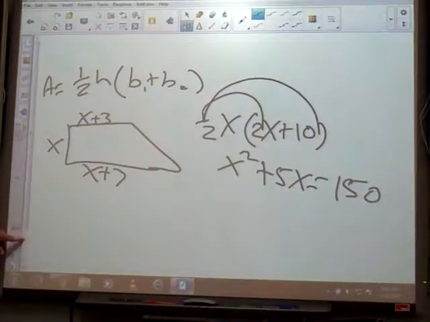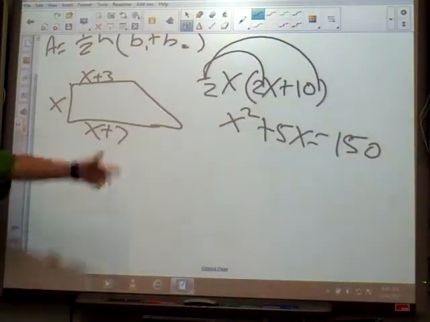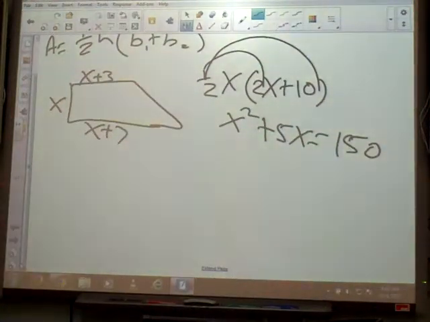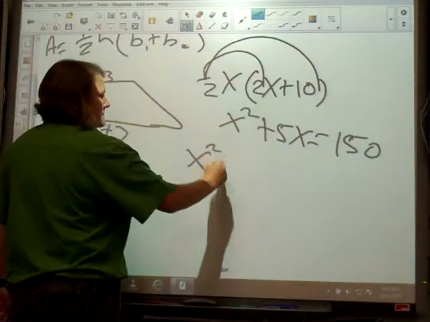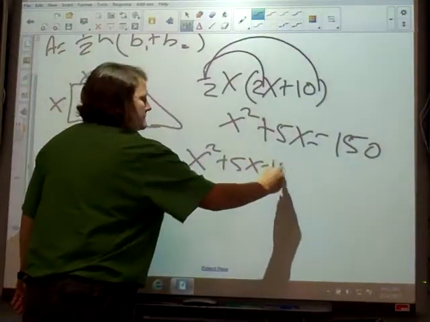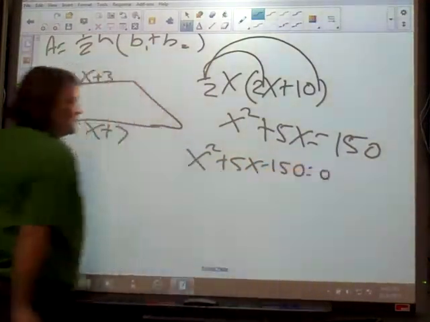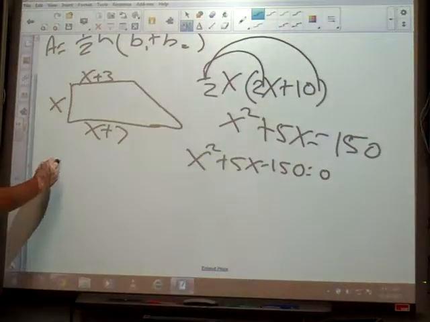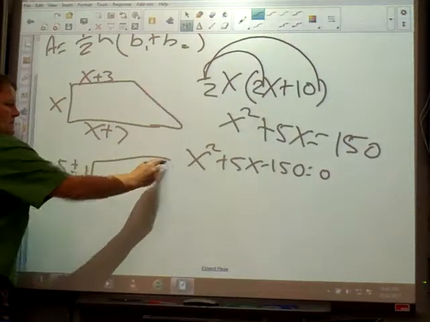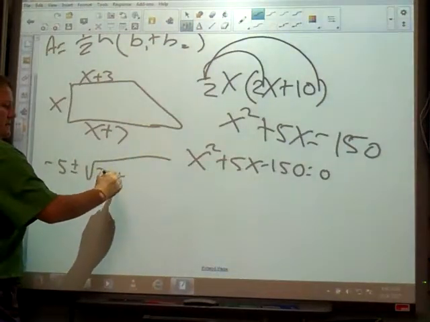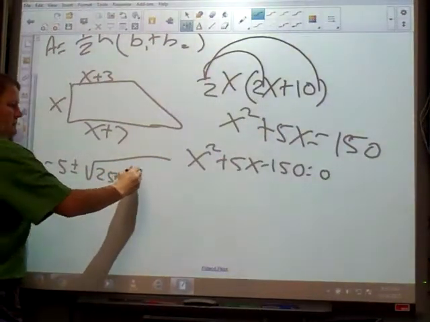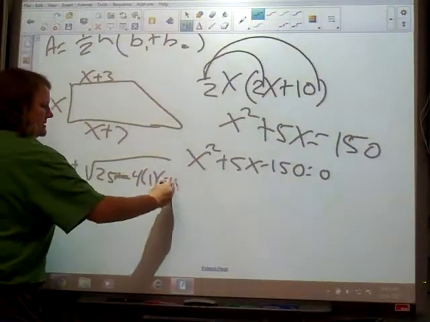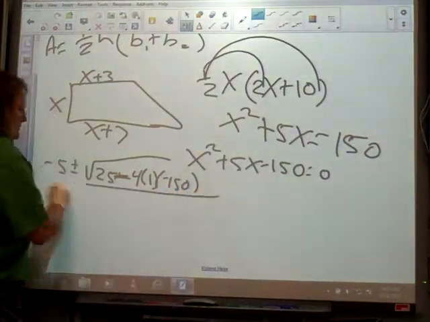Okay, so here, once I'm almost to quadratic formula level, I need to move that 150 over. Negative b plus or minus the square root of b squared minus 4ac, all over 2a.